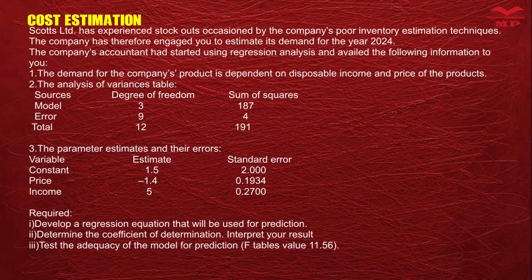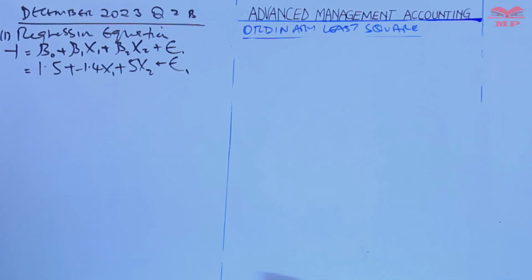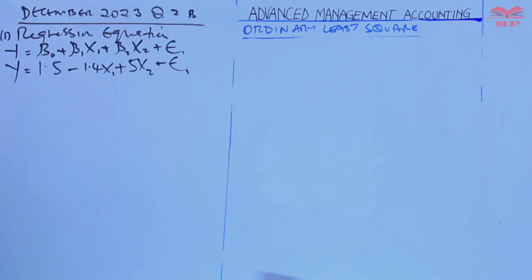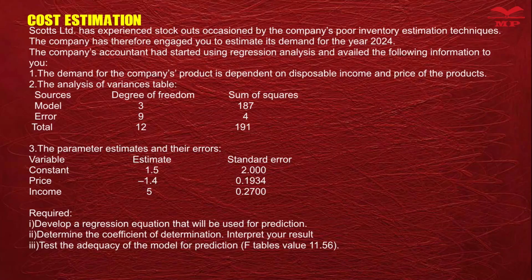We have 5 x2 plus error. Y is equal to 1.5 minus 1.4 x1 plus 5 x2 plus the error term. Then note number 2, what are we required to calculate? Determine the coefficient of determination, then interpret the results.